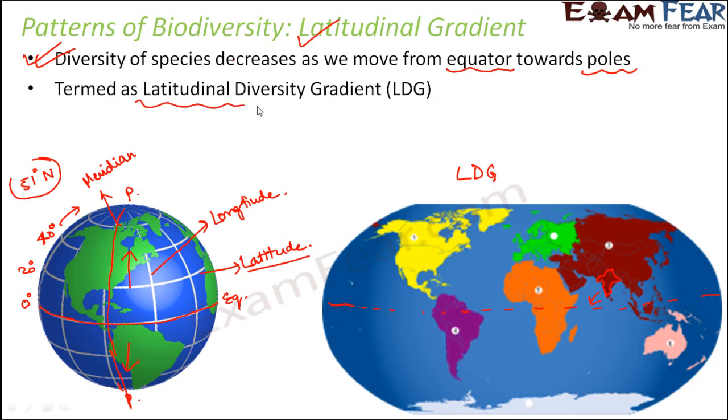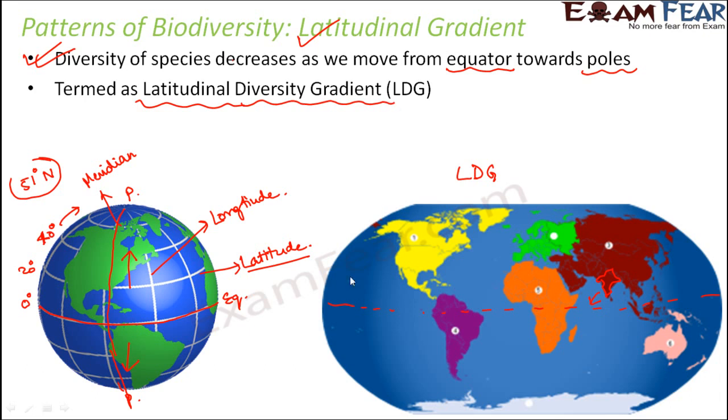So now I hope you got the concept of why we talk about this gradient. That's because the diversity of plants and animals throughout the world is not uniform. So it has an uneven distribution. In some places the diversity is more, in some places the diversity is less.